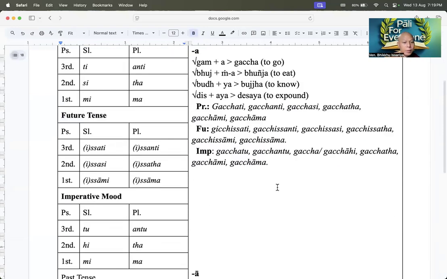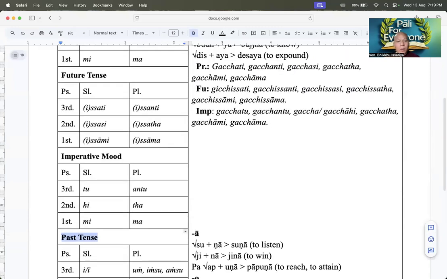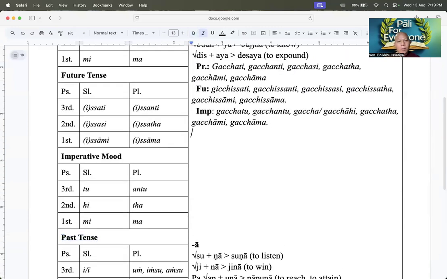Okay, now imperative, and then now past tense. So past tense is like this: gacchi, agacchi, and then gacchum, agacchum, and then gacchim, agacchim, maybe gacchimha instead of gacchim.